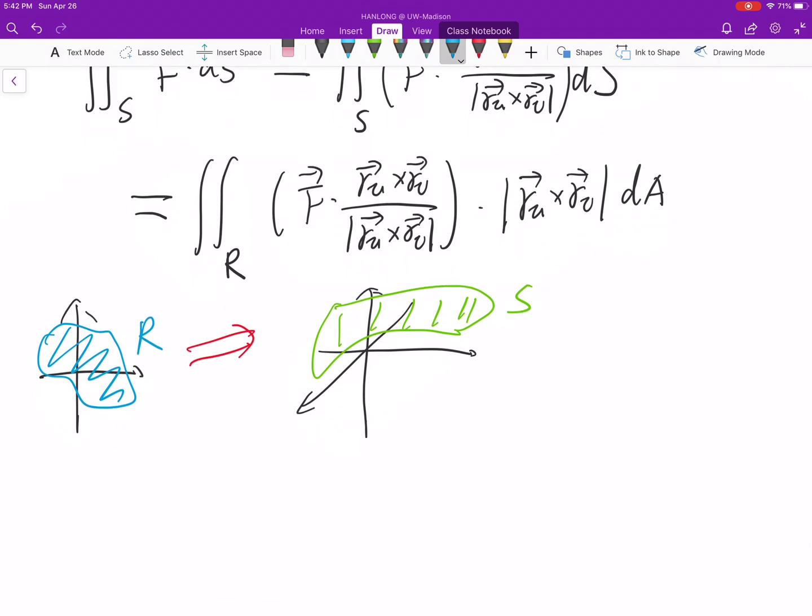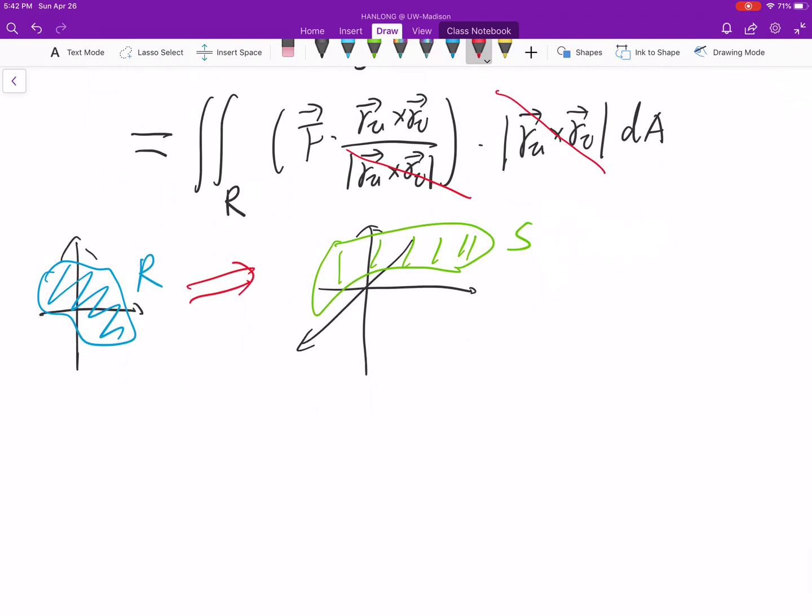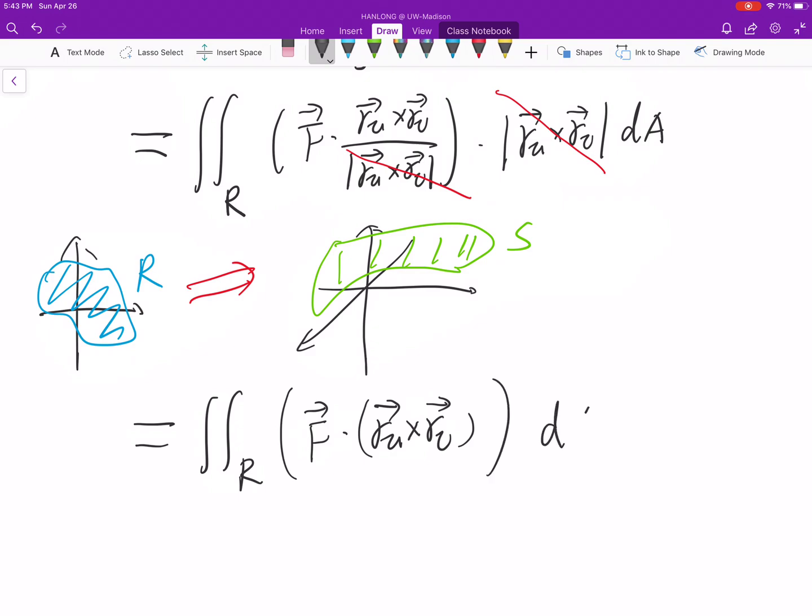Now you can cancel out the length part, the norm part, and then you derive the following formula for parameterized surfaces.